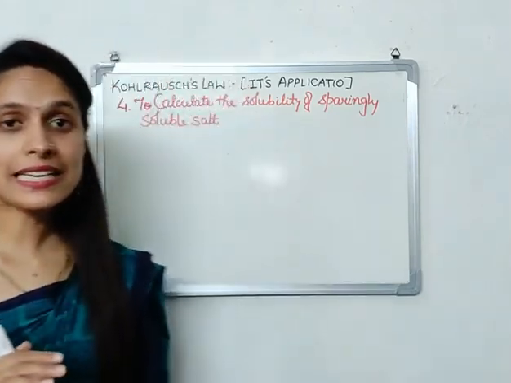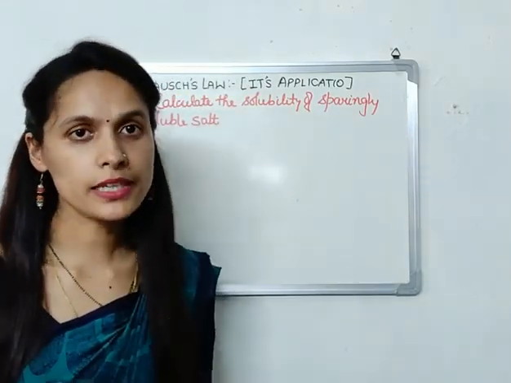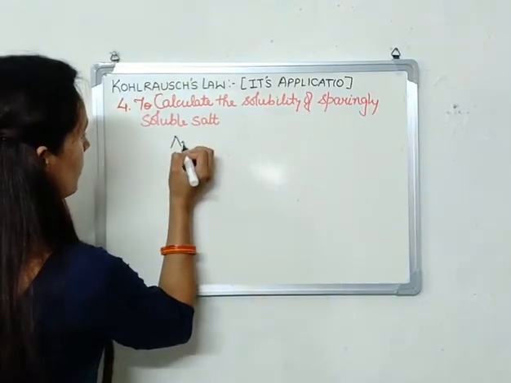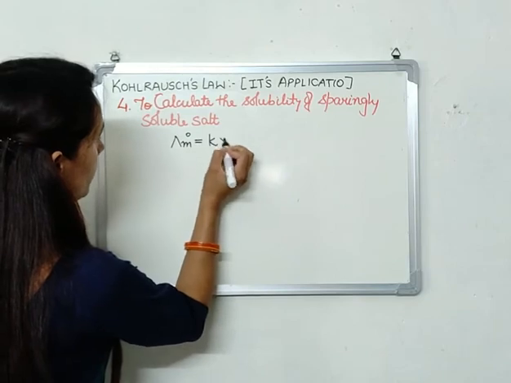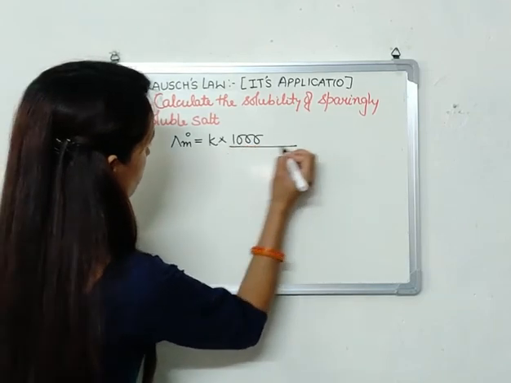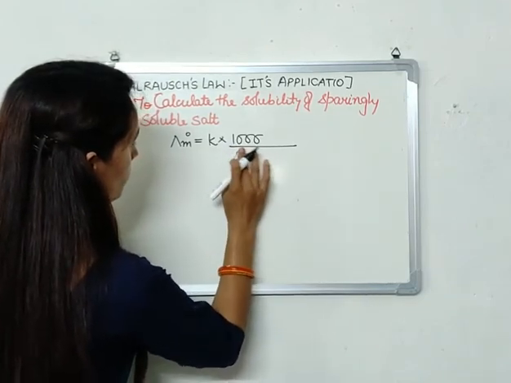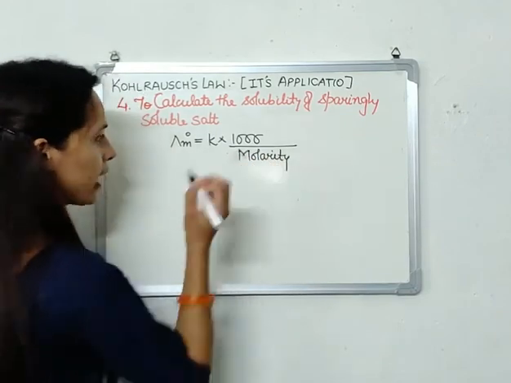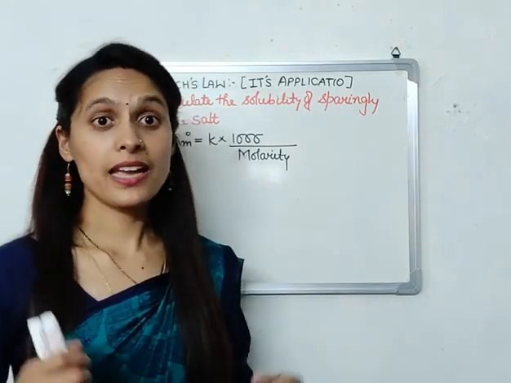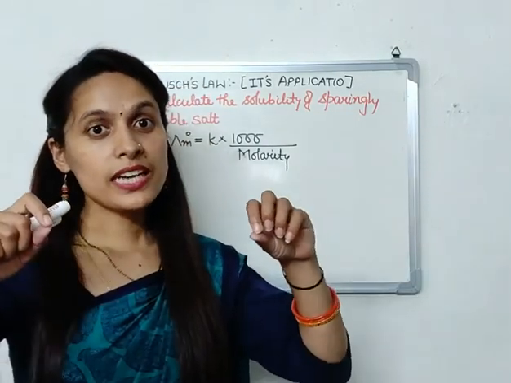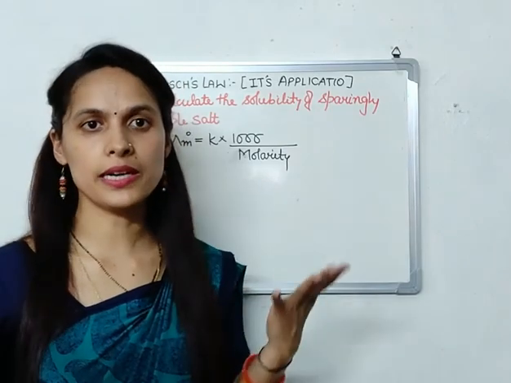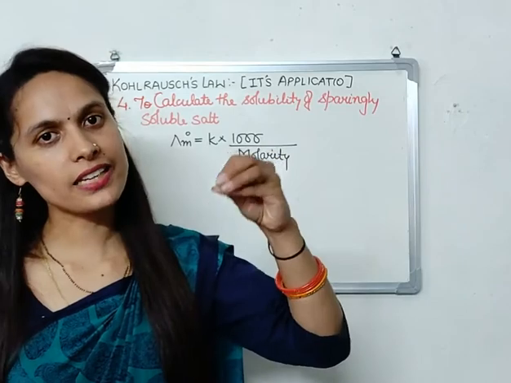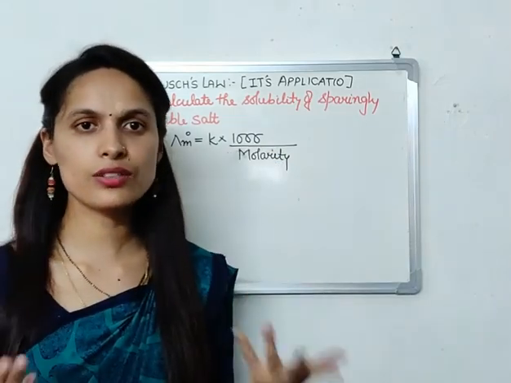So we can easily calculate the solubility of that salt with the help of the formula lambda m naught equals K into 1000 divided by molarity. Molarity means concentration, and their concentration becomes their solubility, because by adding a very small amount we get the saturated solution.